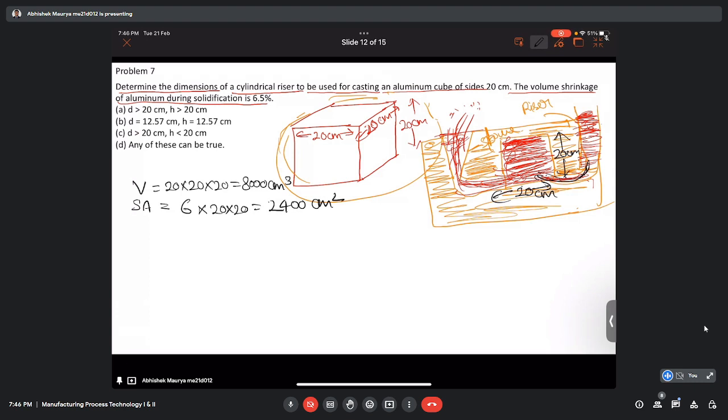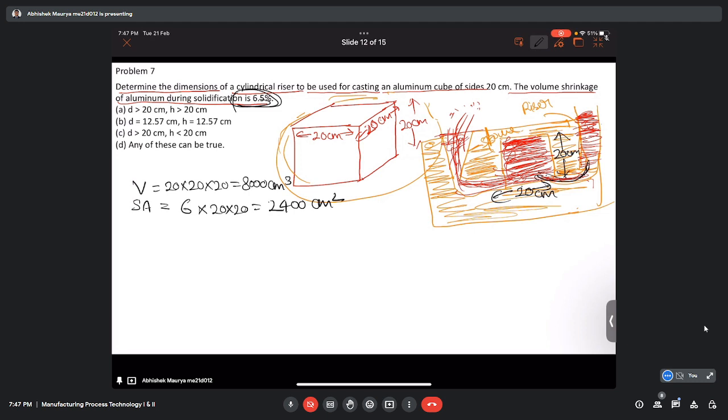And how much volume of metal is required after the solidification, that has to come from the riser, we will calculate from this volume shrinkage percentage.